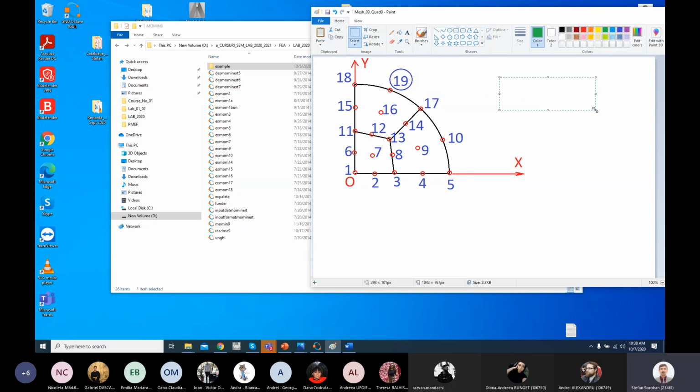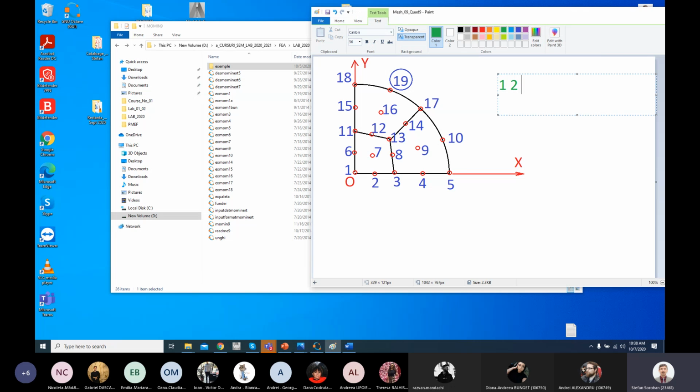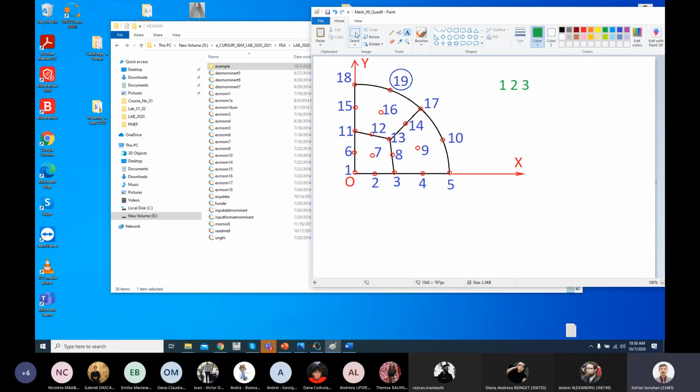So 3 elements, element number 1, 2, and 3. Which one is first? Also not important. Let's say this is the element number 1, this is the element number 2, and this is the element number 3. And sometimes, yeah, you can put, if you want, a rectangle here.